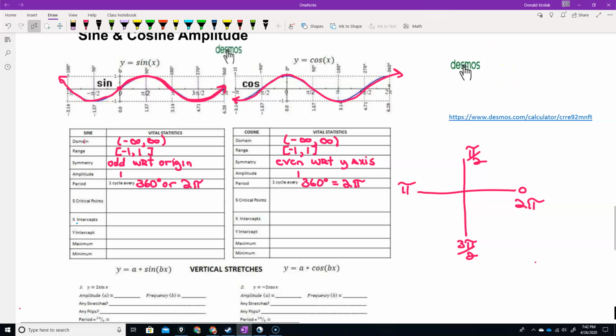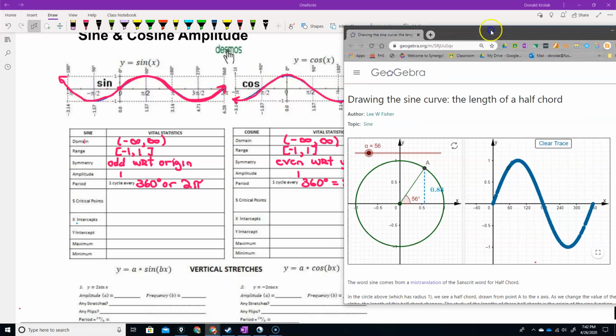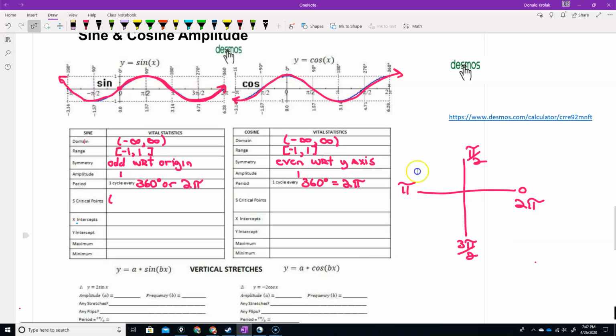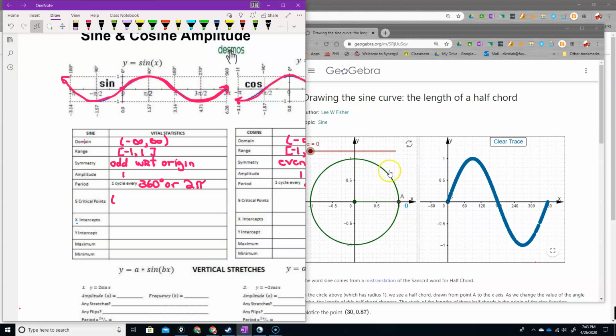All right, so what I mean by that is, let's take a look here at the sine. Okay, when I'm at 0 degrees, that's the first critical point. The sine in that case is equal to 0. So my first critical point, 0. When the angle's 0, the sine is 0.